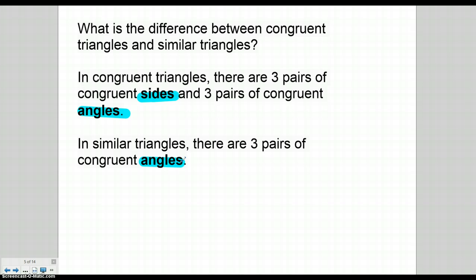So you could have 2 triangles with interior angles of 30, 60, 90, and one triangle has 3, 4, 5 as the side lengths, but in the second triangle, those side lengths might be 9, 12, and 15. In that case, the angles inside the triangles are congruent, but the sides are not, so they're similar triangles, not congruent triangles.